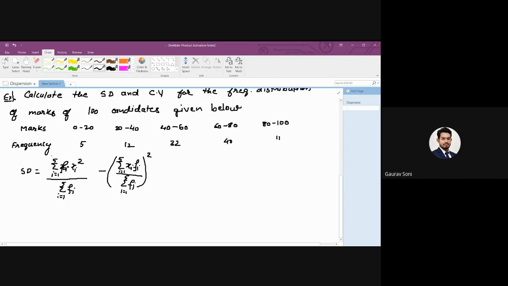And you have to take a raise to 1 by 2, which means the under root. Coefficient of variation, we already know, sigma upon x bar into 100.